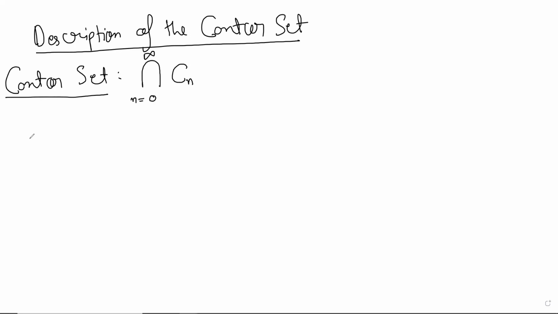Do I want to define it precisely, or I can just say that you take Cn minus 1 and remove the middle thirds of the intervals in Cn. So I'm just defining it recursively.